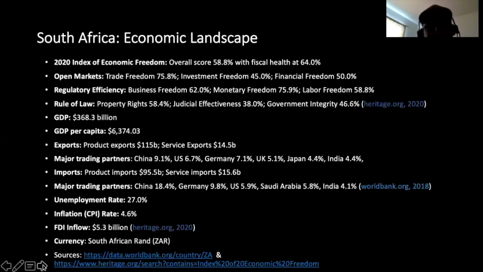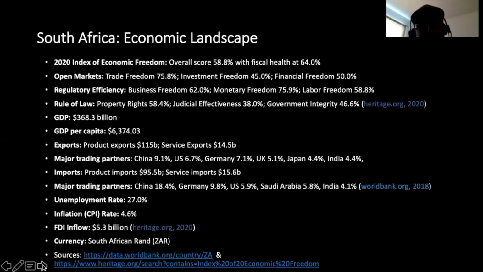It means that if you are working in South Africa, you are better off than working in India, regardless of the fact that India has a high GDP. Per capita simply means that what every individual has in his pocket as disposable income is what is referred to as the GDP per capita.